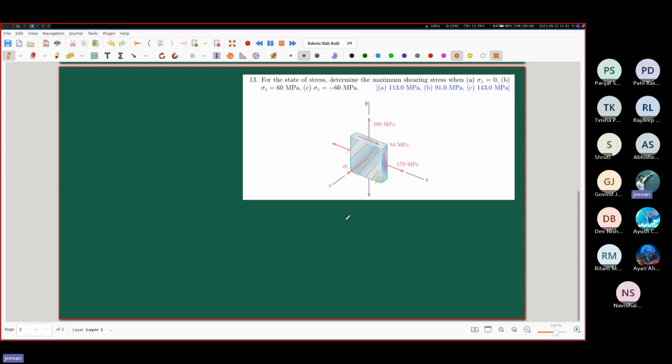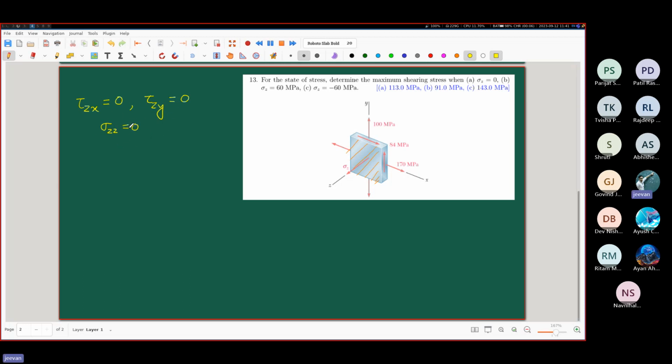On this plane, which is parallel to the xy plane, we also have tau zx equal to 0 and tau yz equal to 0. Here we have tau zx equal to 0, we also have tau zy equal to 0, and in addition, sigma zz is equal to 0.